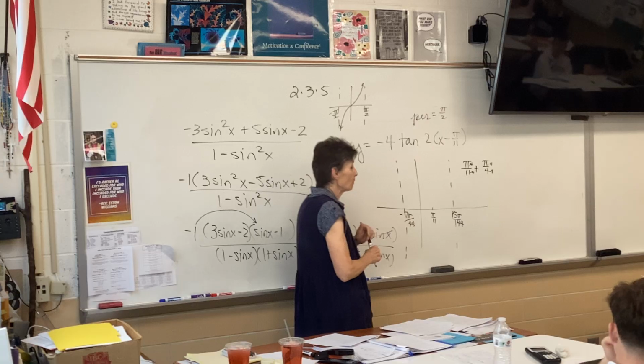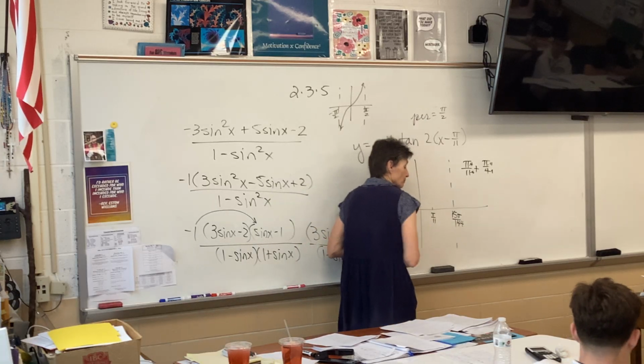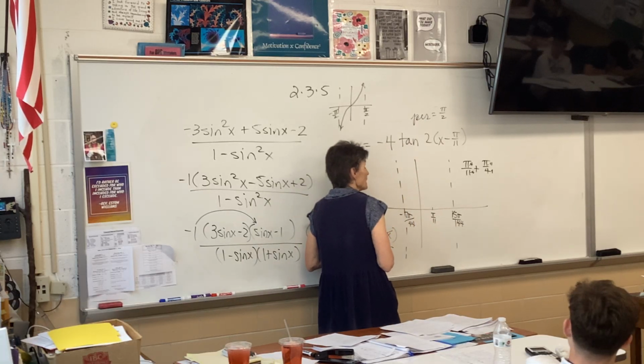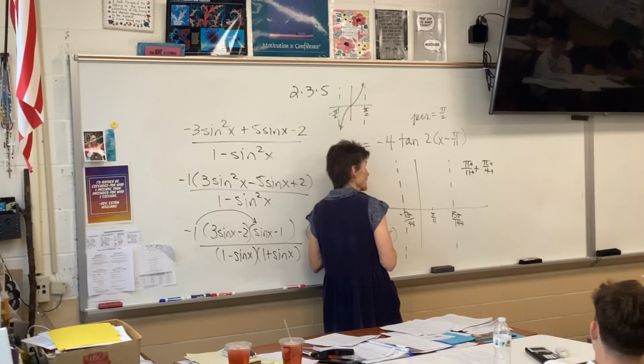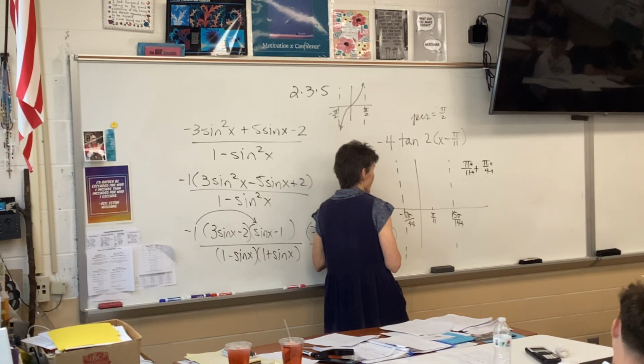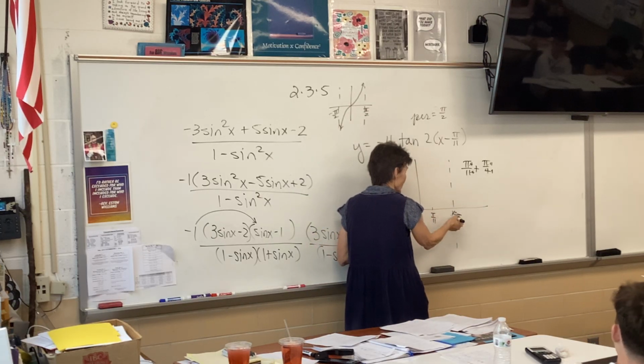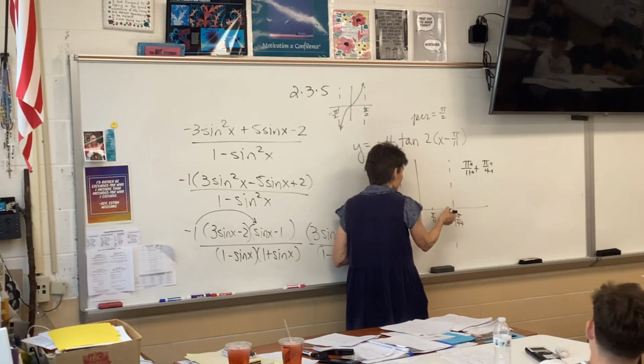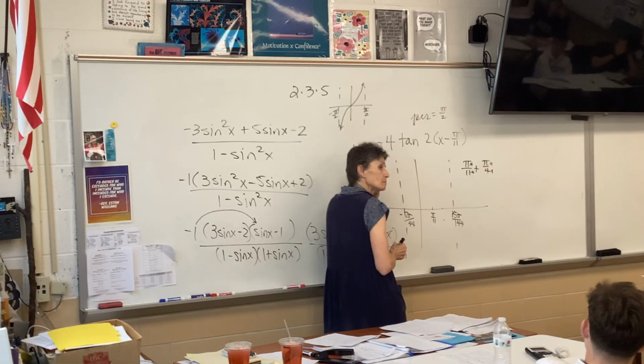Right? Now, I know it's coming down. In a normal tangent, halfway in between, though I'm not going to label this point, although I could, I would be down 1.